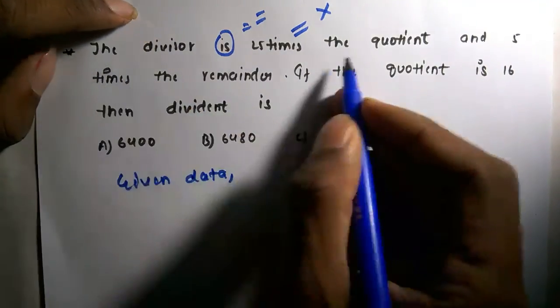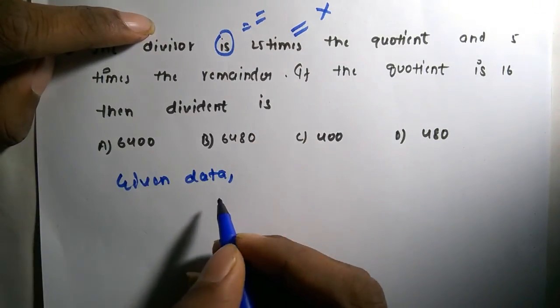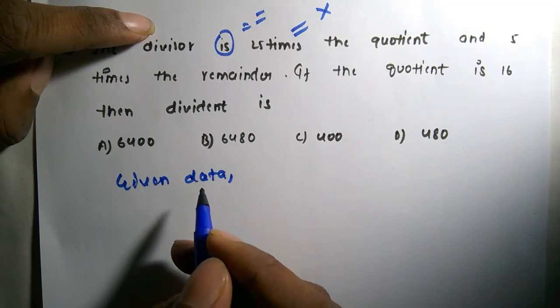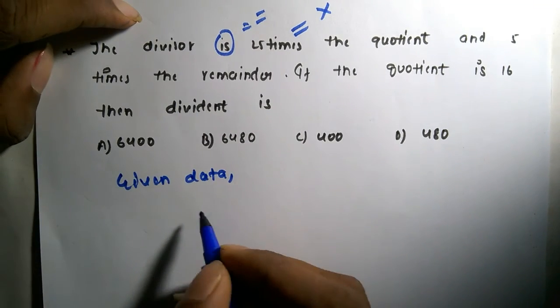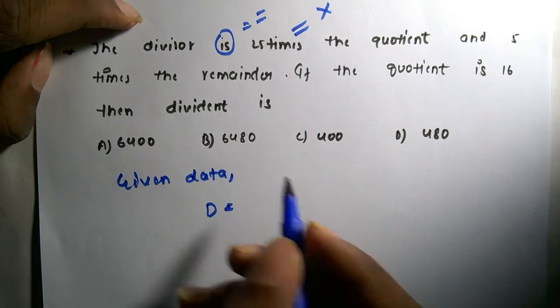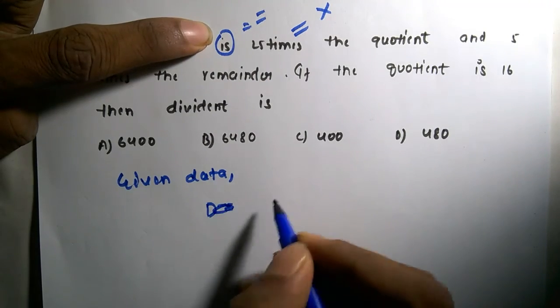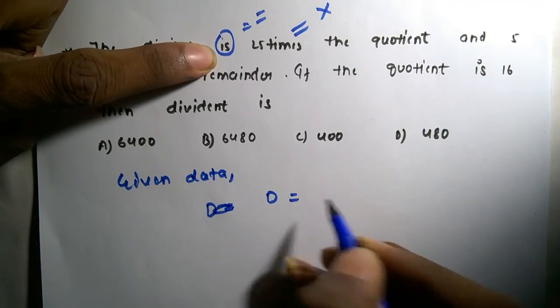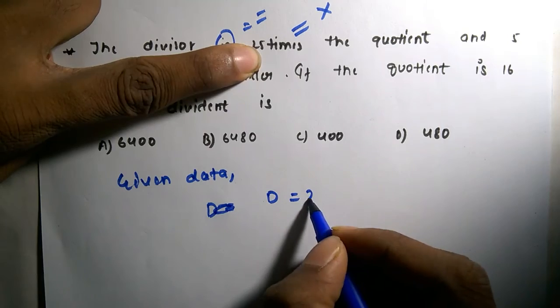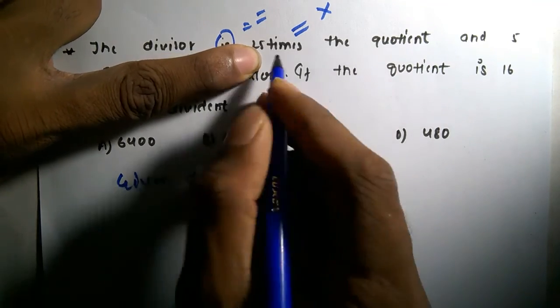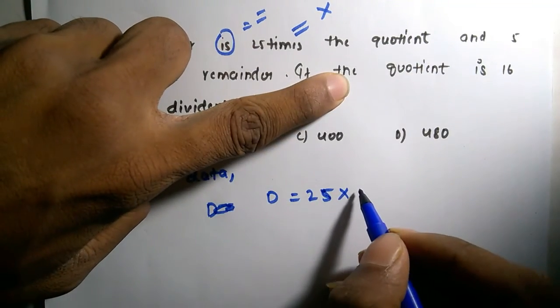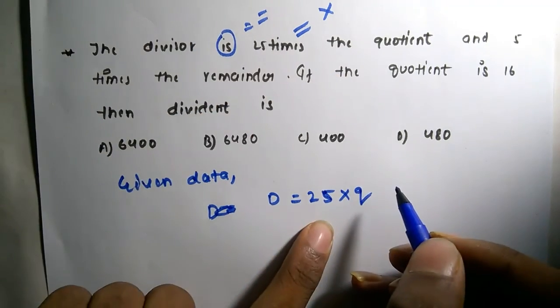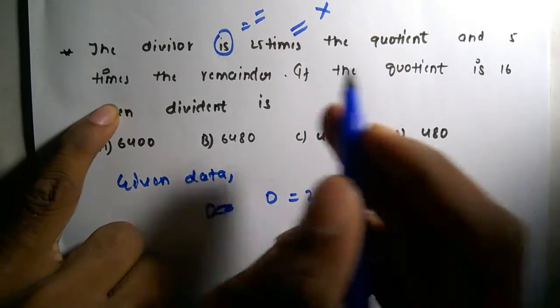So remember these things, guys. Okay, in the maths it will help you a lot. So the divisor, D, is equal to 25 times the quotient. So 25 times the quotient, guys. Okay, and 5 times the remainder.